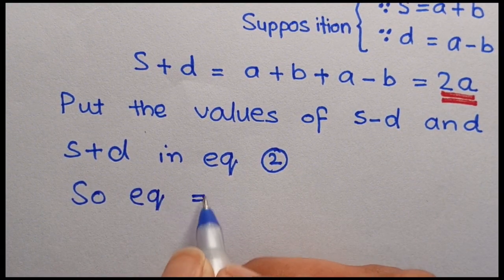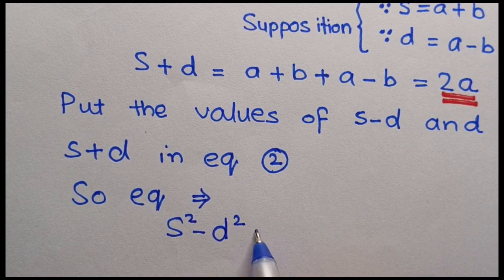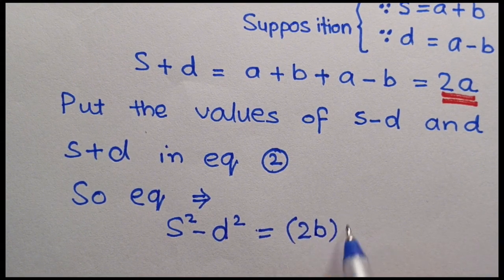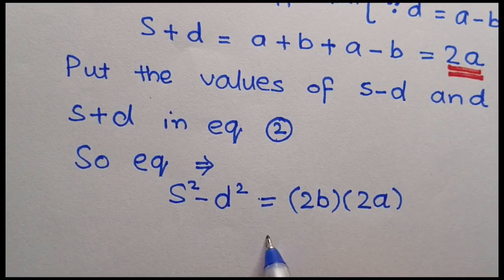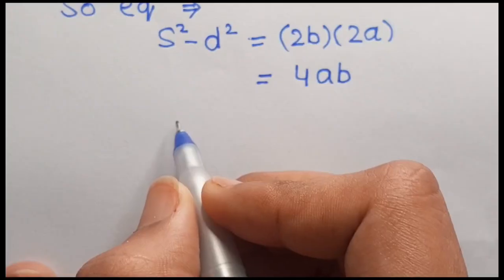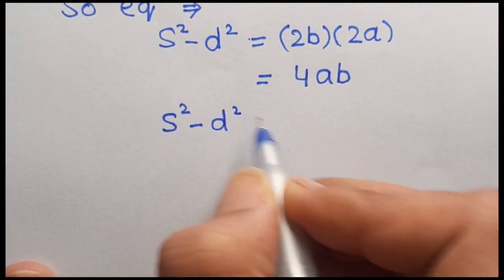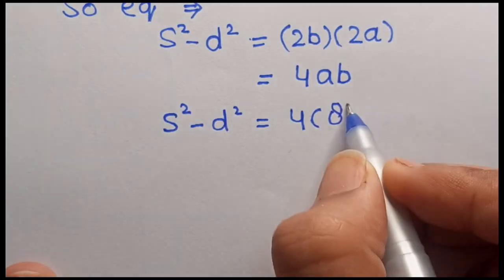So the equation becomes s square minus d square is equal to 2b into 2a, is equal to 4ab. So s square minus d square is equal to 4ab.